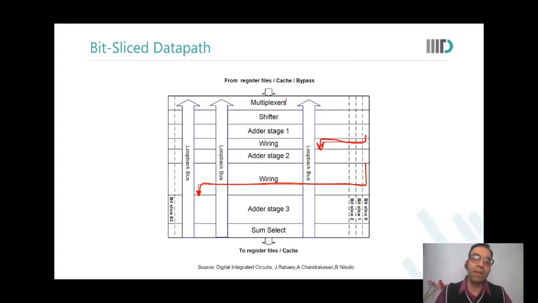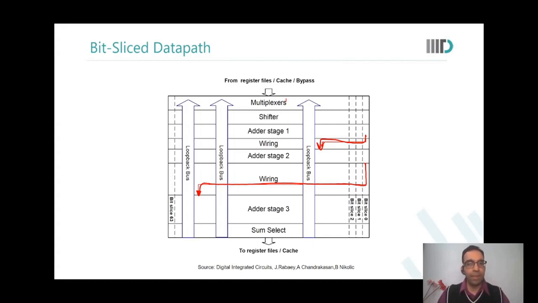So it could happen that, let us say, just for the sake of area, I kept the data path at 16 bits, but my total words were 64 bits. Now there is a data path of 16 bits, but my overall word width is 64. So what would I do? I would organize my words in such a way that words 0 to 15 are processed in the first cycle, then words 16 to 31 in the second cycle, then words 32 to 47 in the third cycle, and so on.